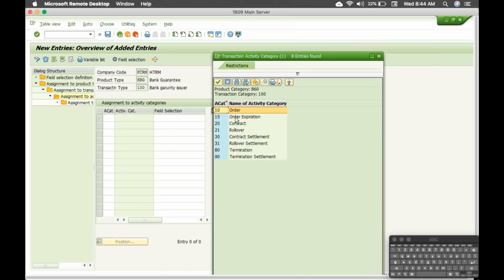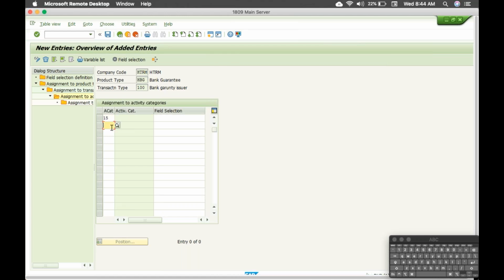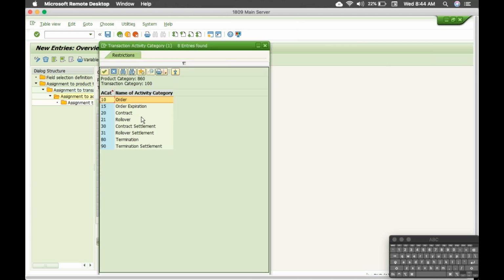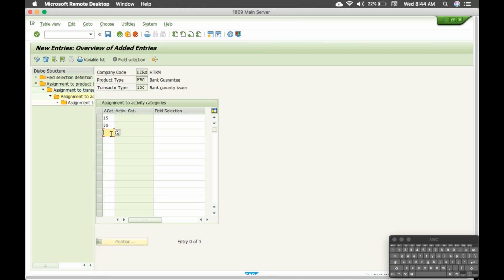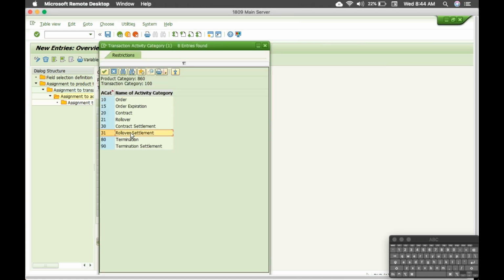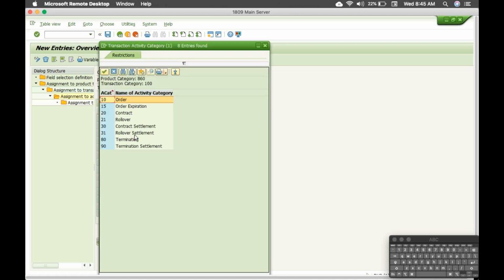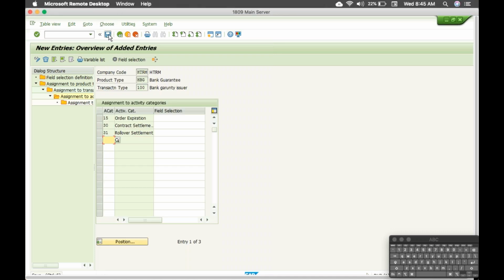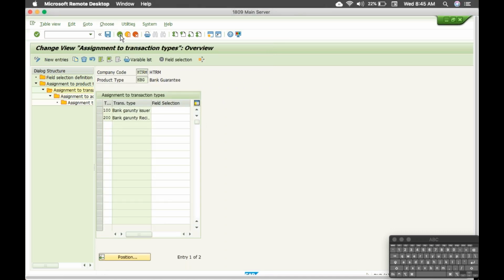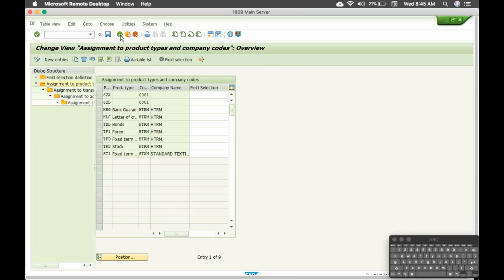That is the reason you are going to assign this. For example, issuer: order expiry, contract settlement, rollover settlement. Once this is done, come back to authorization.